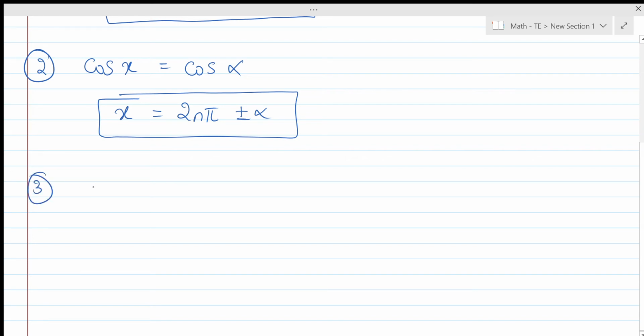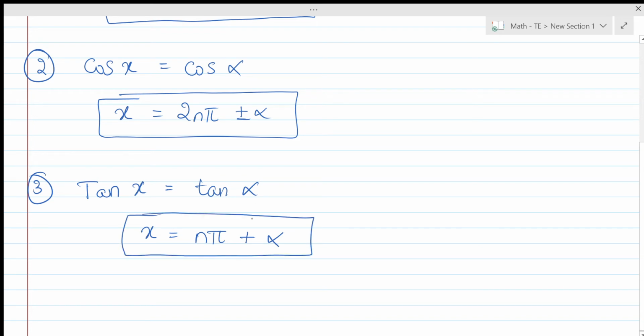Next trigonometric ratio we have, tan x is equal to tan of alpha. This is pretty much easy, x is equal to n pi plus alpha, just plus, there's no minus here.